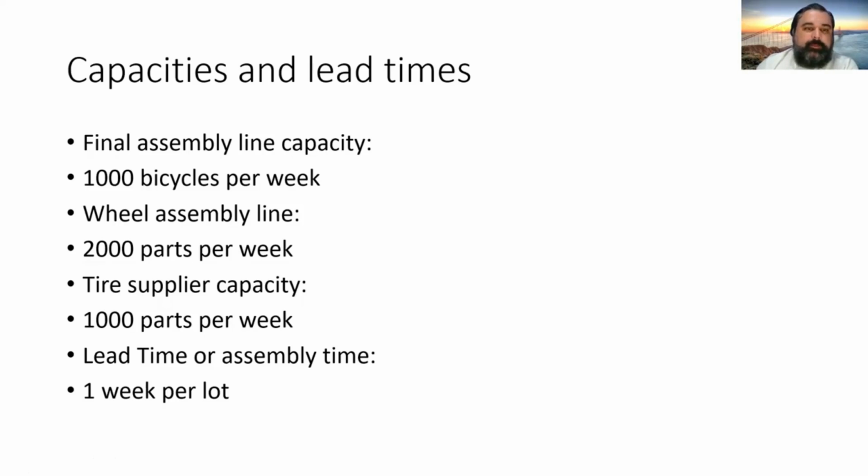The wheel assembly department will need 1 week to deliver these lots of 2,000 parts to the final assembly line, and the final assembly line will require 1 week to assemble these lots of 1,000 bicycles and deliver to the stock. These are the capacities and lead times for our example company.